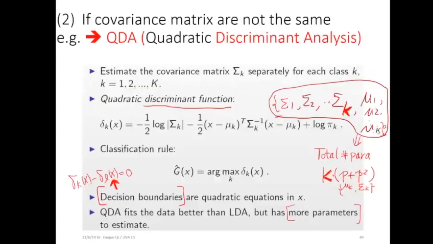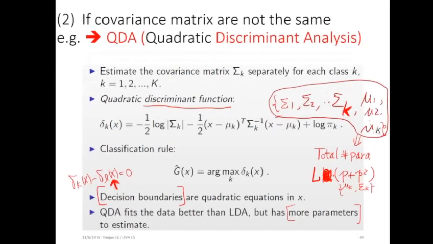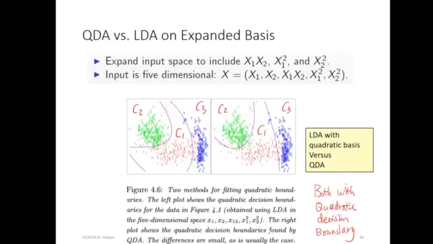All right, I initially wanted to go over those, but I think the number of parameters here is pretty clear. It should be L times P plus P quadratic. Now I want to compare LDA and QDA.